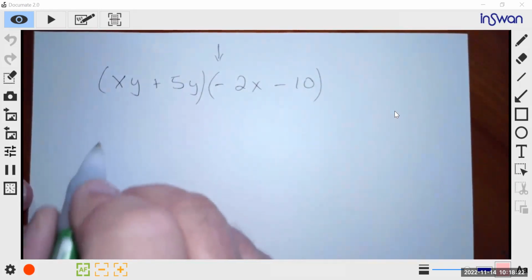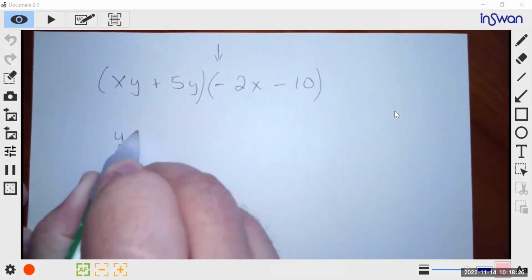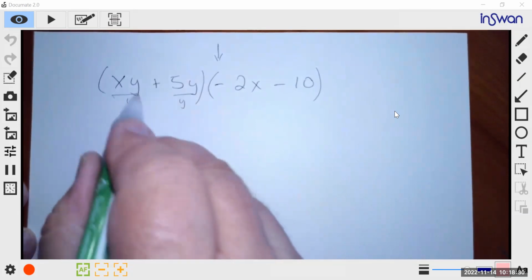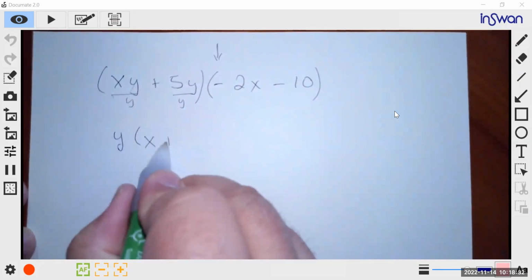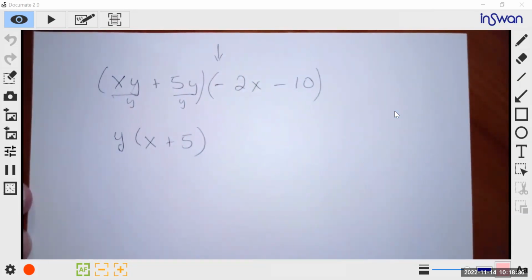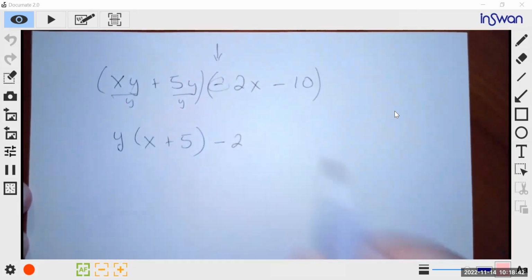What does the first parenthesis have in common? They just have a y in common. So if I divide both of these by y, I got x plus 5. Now in the second one, what do they have in common? There's a negative, and they both have a 2.